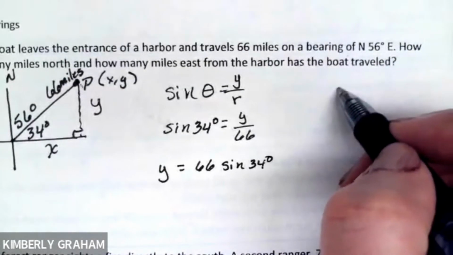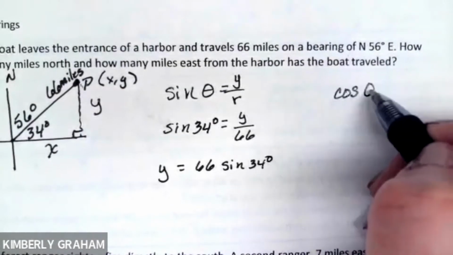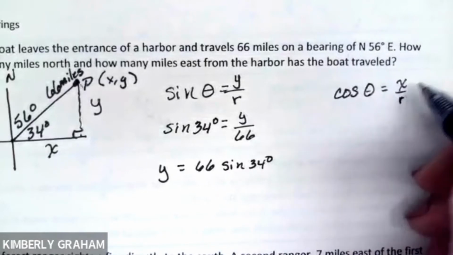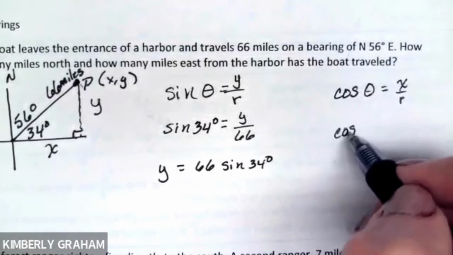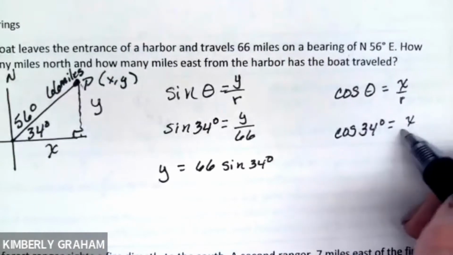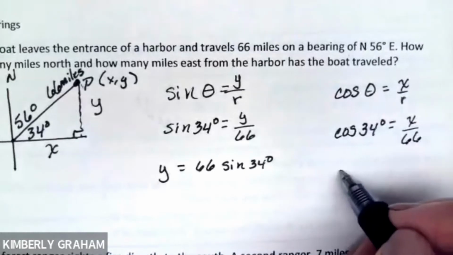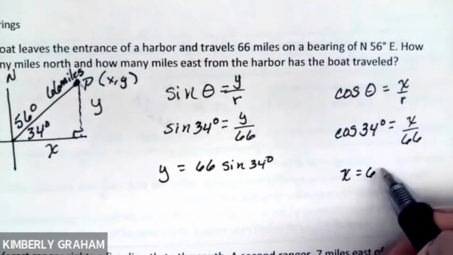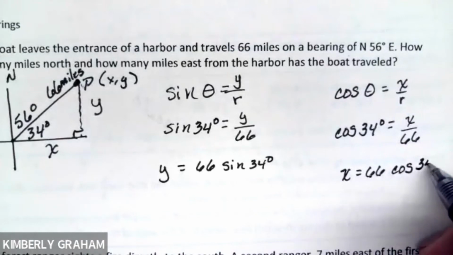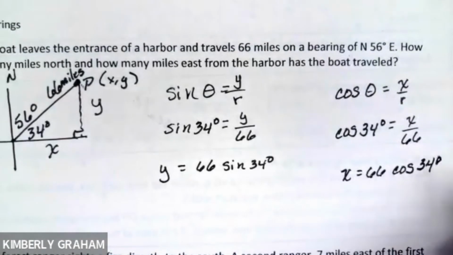And then I can do a similar thing over here with cosine. Cosine of theta is x over r. So the cosine of 34 degrees would be x over 66. So x is going to be 66 times the cosine of 34 degrees.